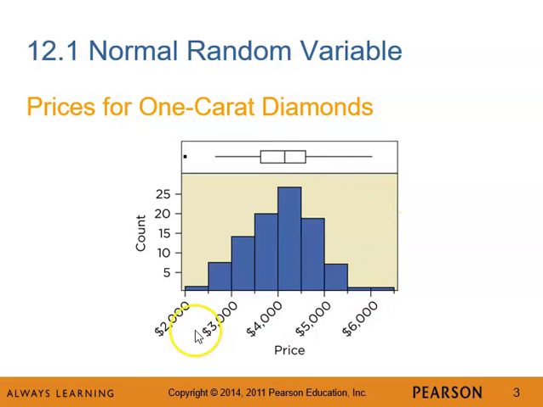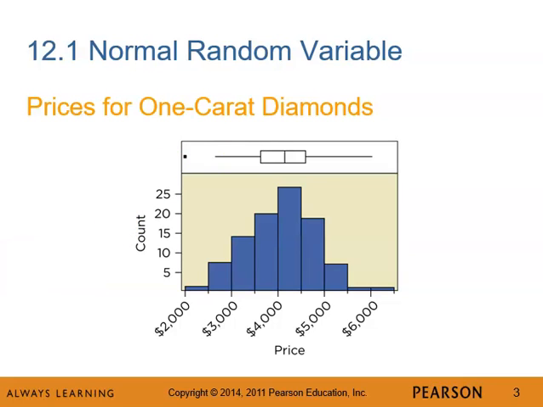This is an example of a histogram and a box plot created for the prices of 1 carat diamonds. We can say that we sold them in the past months, or in the past 10 days.